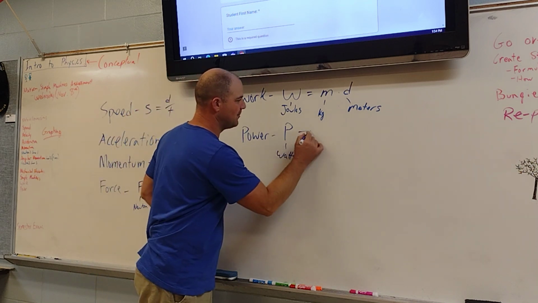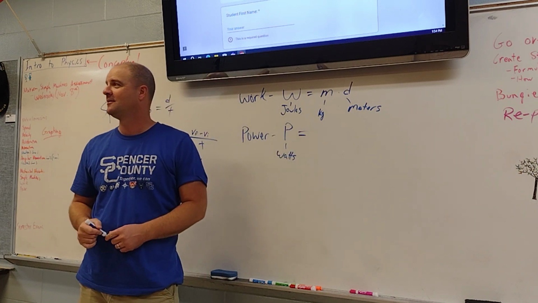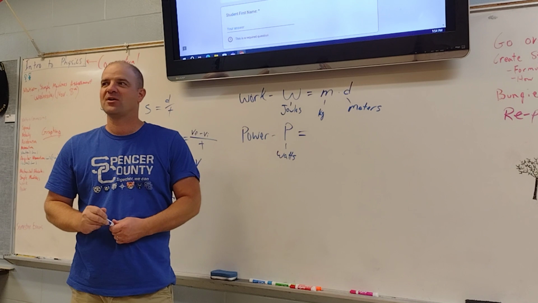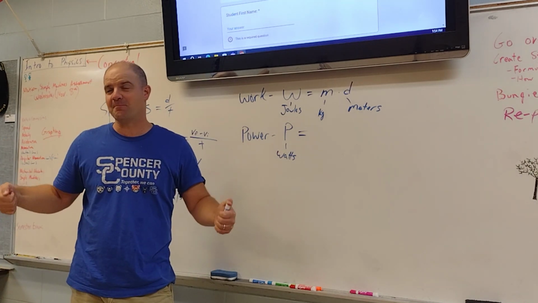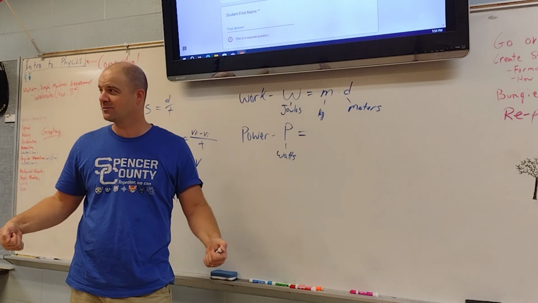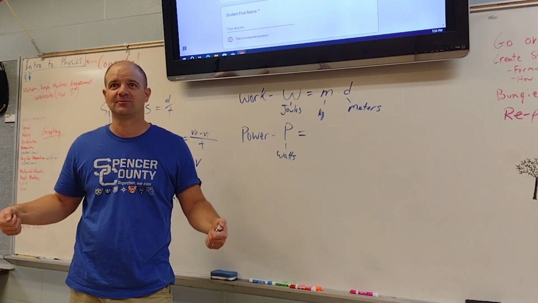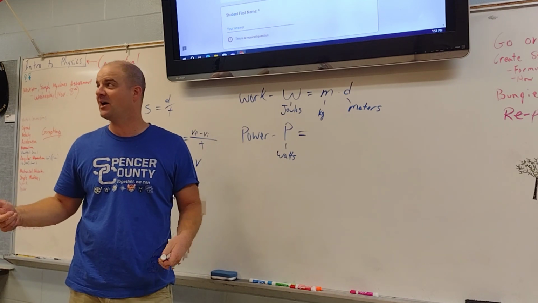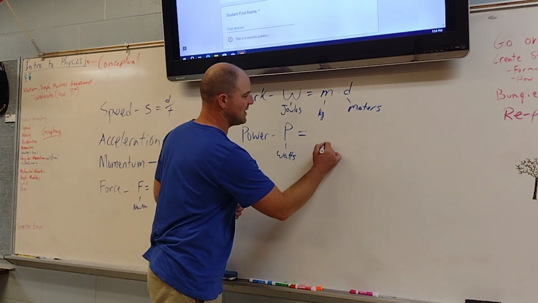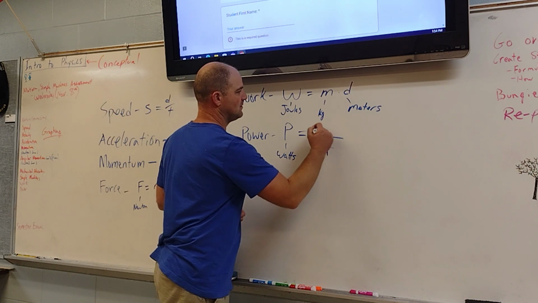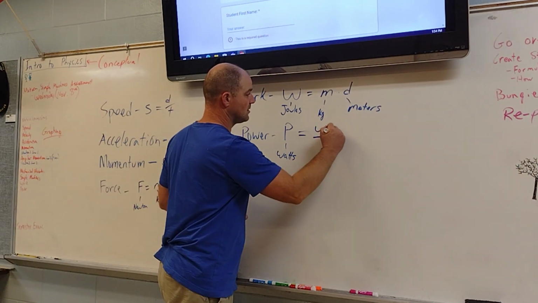Anyway, power is equal to what? Remember, you could have the same person or two people doing the same amount of work, lifting the same mass or moving the same mass, the same amount of distance. But what makes it more powerful? The speed that they do it in. Very good. So we have a time component dividing the work.